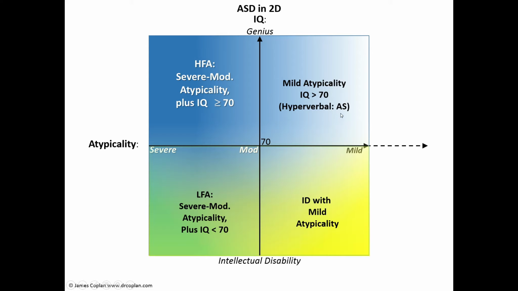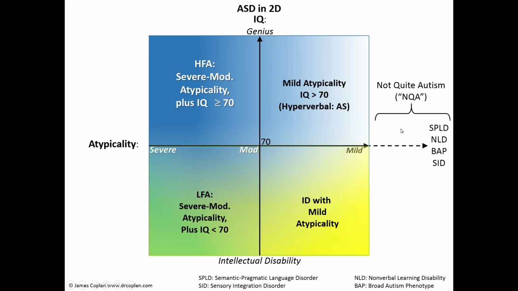And if this individual is hyperverbal and socially intrusive, this is what was called Asperger syndrome, which is something of a misnomer because even Asperger himself recognized all of these quadrants of the graph. But it was people like Lorna Wing and Uta Frith who kind of created the label Asperger syndrome to refer to individuals over here. And then we get out to this part of the graph, and there's something that's referred to as not quite autism, NQA.